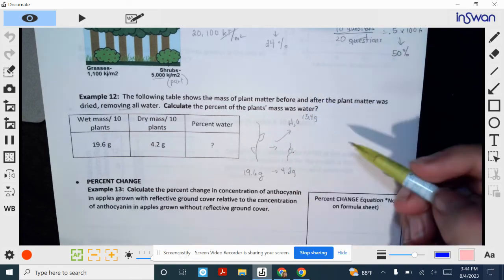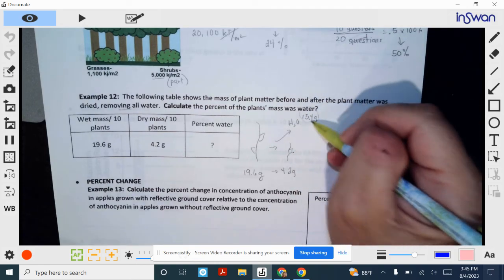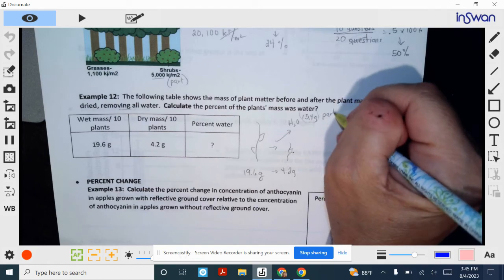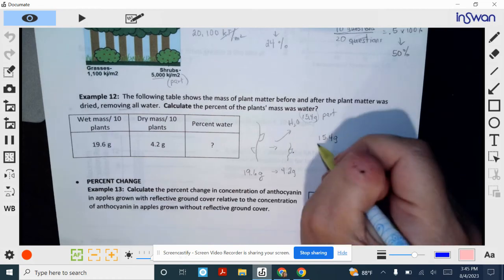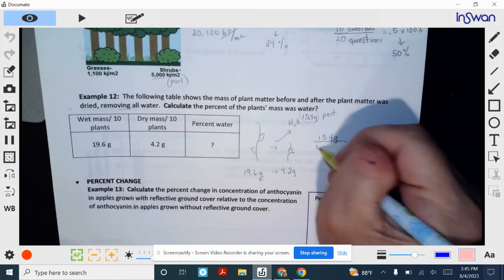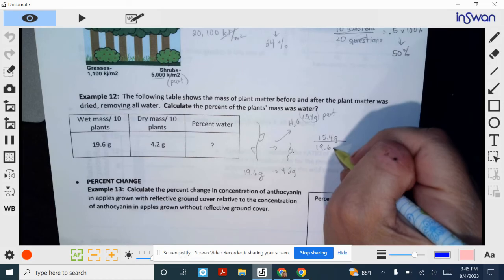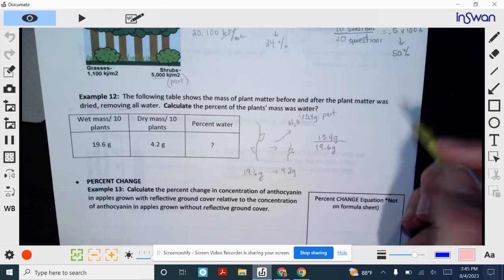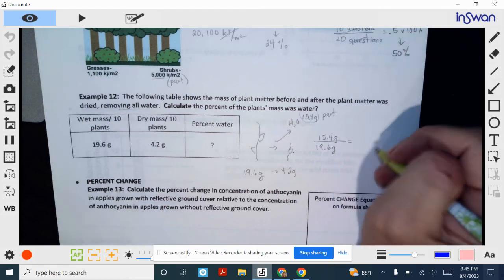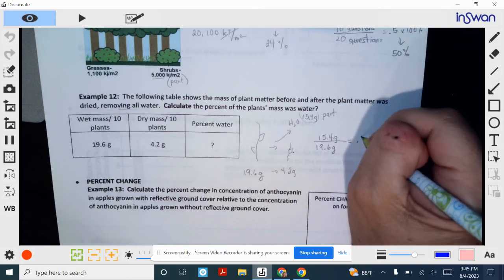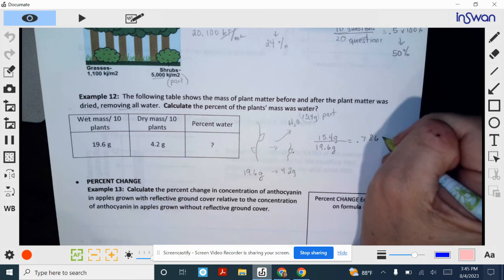Okay, so if I say what percent is water, this is the amount that's water, that is the part. So 15.4 grams is going to go on top. The whole was 19.6 grams. Okay, and now we just got to do the math here. So this gives us about 0.786. We're not done because we got to do percent.